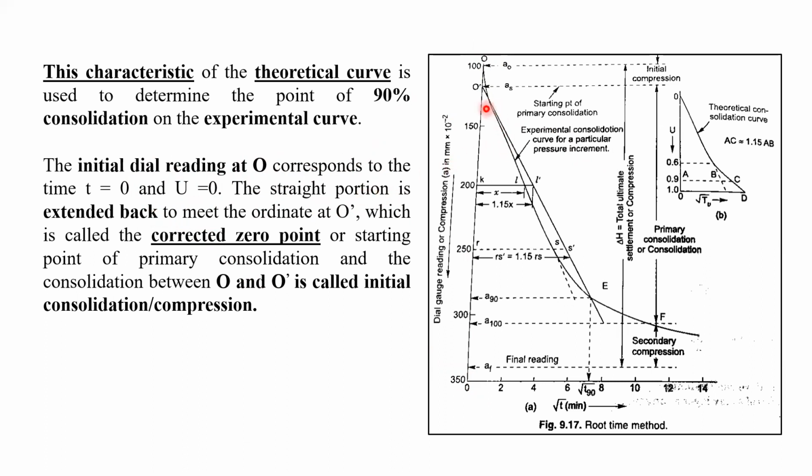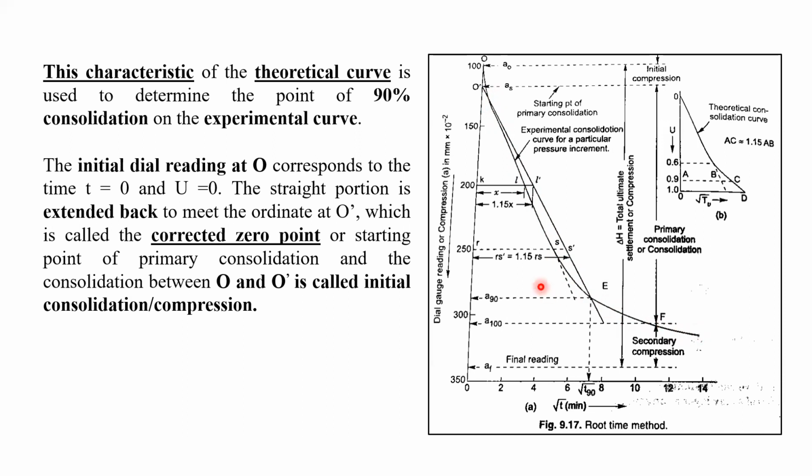The straight portion is extended back. Whenever we plot the graph between the dial gauge reading and the square root of time in minutes, we can achieve this from O. You can see this is the curve here, and again it becomes a straight line up to here, and then it becomes a curve.